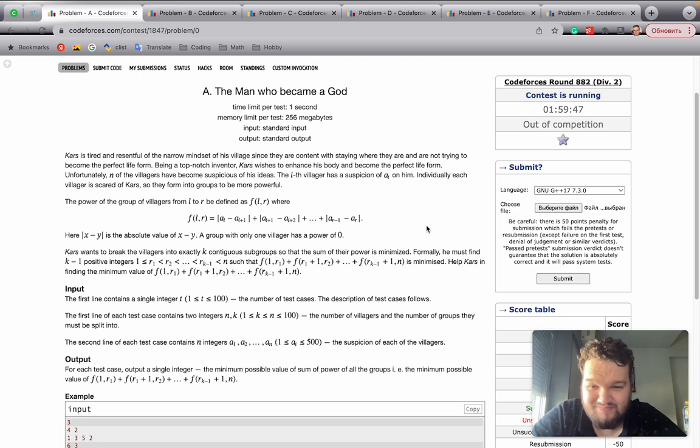Problem A. Looks like too many letters for problem A. Okay, so we're given an array A. There is a function of a segment, which is just the sum of absolute differences of neighboring elements in this segment.